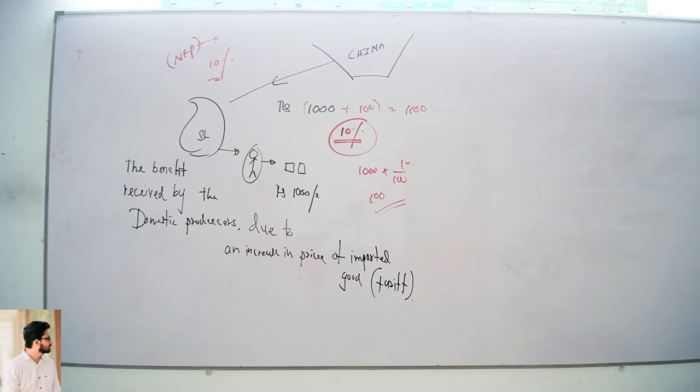Or actually, do they receive something? This is all about calculation. Numerically, we try to show the benefit, whether they have gained something or not.